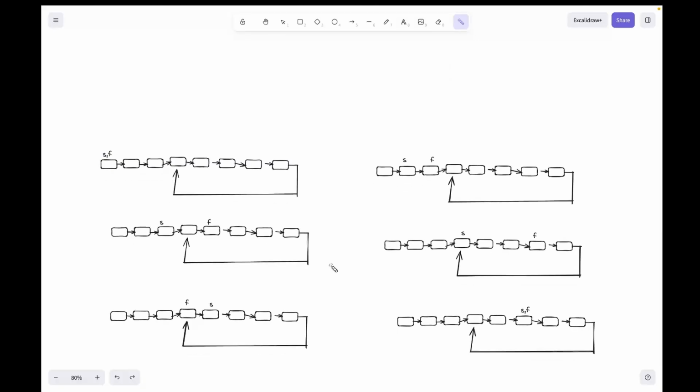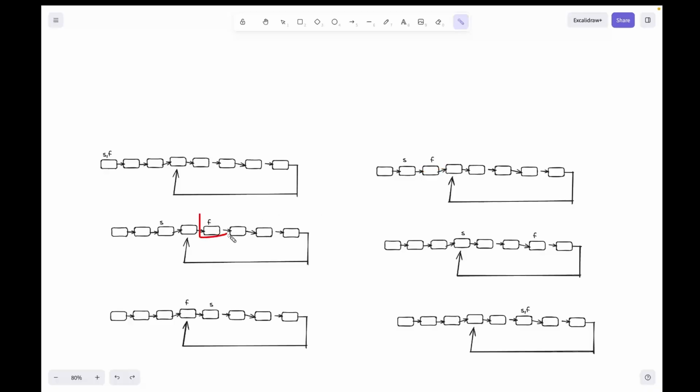So let's understand what we did from the very beginning. We took our slow and fast to the head. Then we move slow by one, my slow moves to here. Then fast by two, my fast moves to here. Again, we did the same thing.